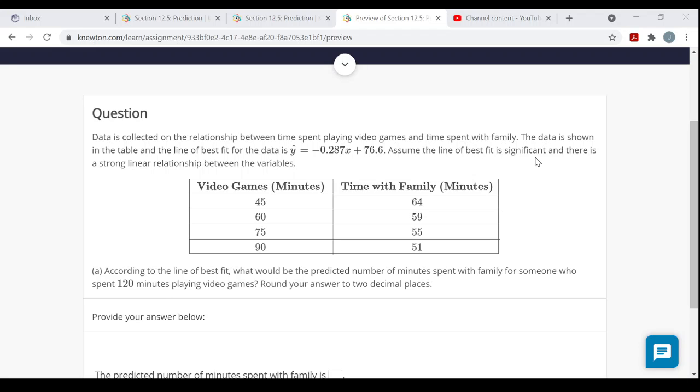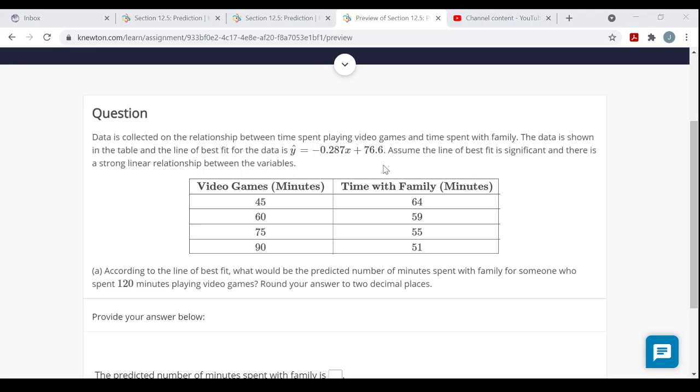So then you would say that this is significant. The value of r is far enough away from 0 that I can say that these variables, the time spent on video games and the time spent with family, are linearly correlated. There is a strong linear relationship between the variables, and if that's the case, then I can use this best fit line to help me make predictions.